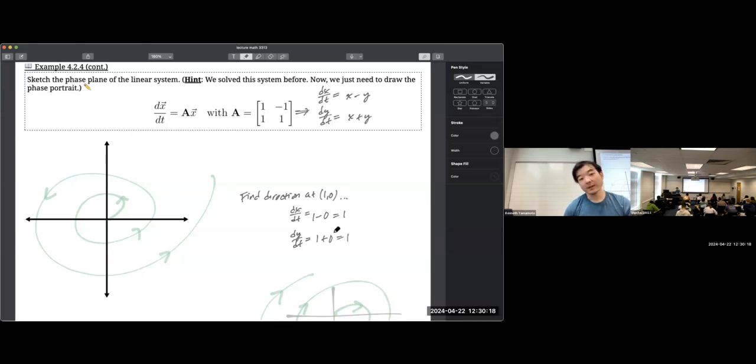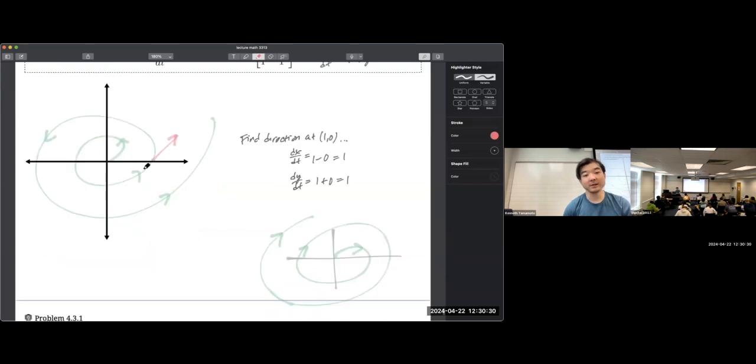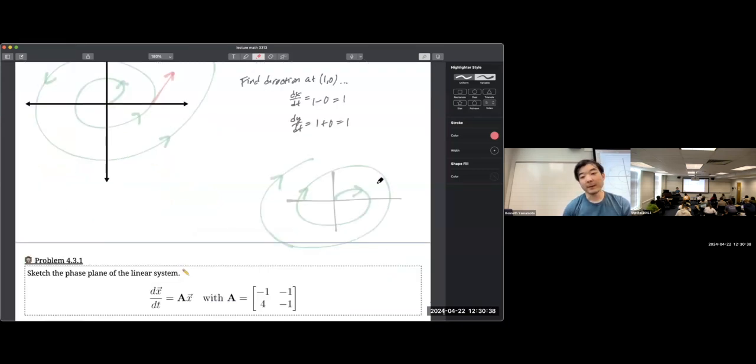And then this is 1. So your direction vector at (1, 0) should be pointing 1 unit to the right and 1 unit up. Let's say this is my 1 position, halfway between here and here is 1 right here. And that's how the vector should be, just going like this.